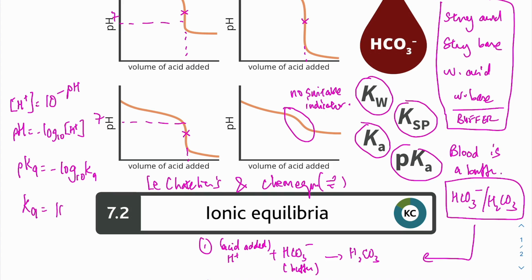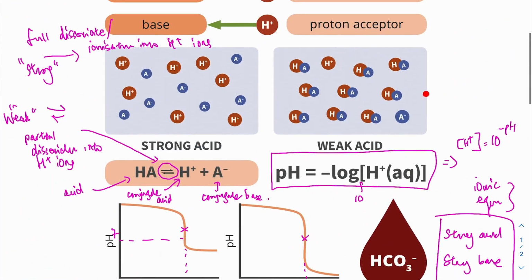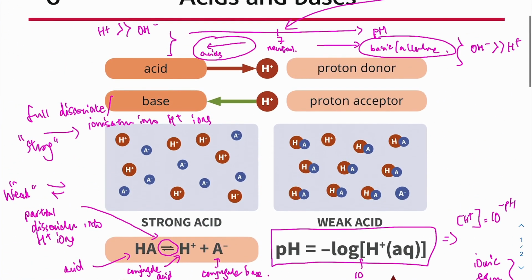Ka can also be rearranged as 10 to the power minus pKa. A little bit of mathematical manipulation. These are the kind of calculations that will be involved in an A-level chemistry setting. So please make sure to check out my topical playlist on ionic equilibrium for all these concepts and many more, which are not covered in these infographics.